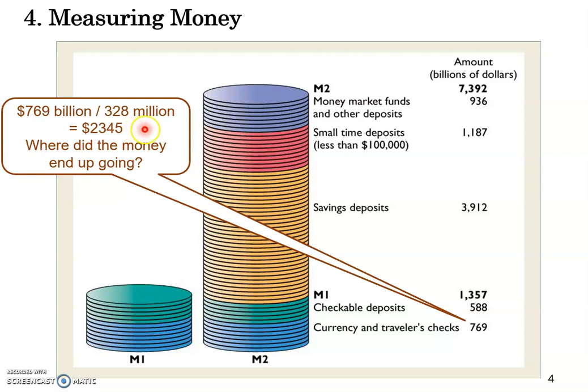In other words, we're saying a typical person would carry this much money. That's a huge number per person, right? So where did the money end up going? Think about this, and I'm looking forward to your insight during our virtual meeting.